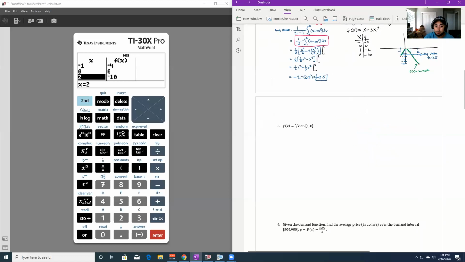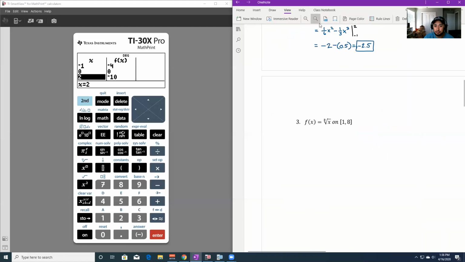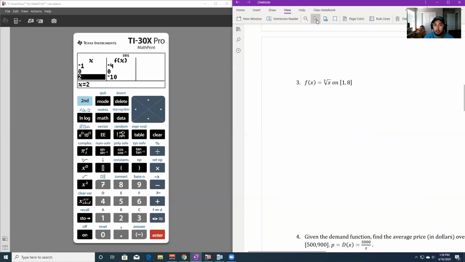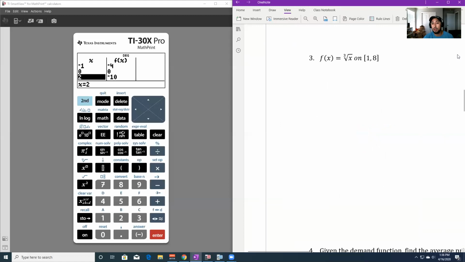Okay, next one. You have the cube root of x on 1 to 8. So again, label everything.